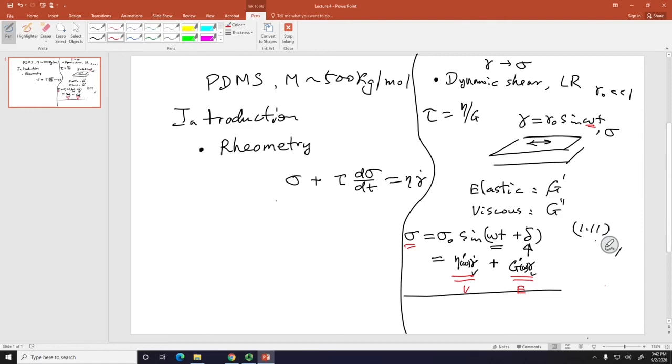It turns out the Maxwell model that I mentioned here speaks explicitly about what G prime should be. The Maxwell model I already showed you starting on pages 8 and 9. The Maxwell model has a specific thing to say about what G prime is, and it is G omega squared tau squared over 1 plus omega squared tau squared.